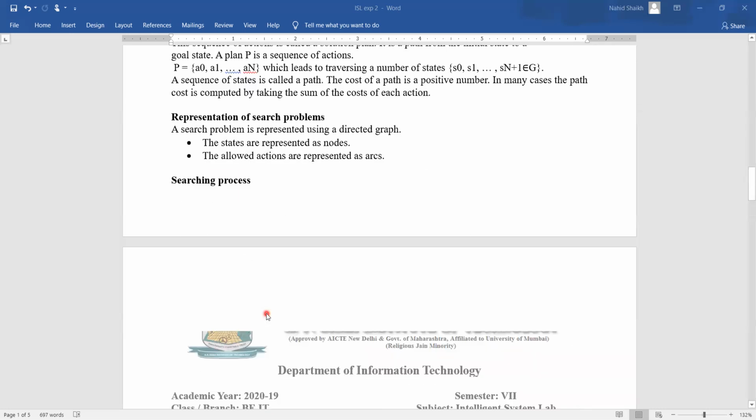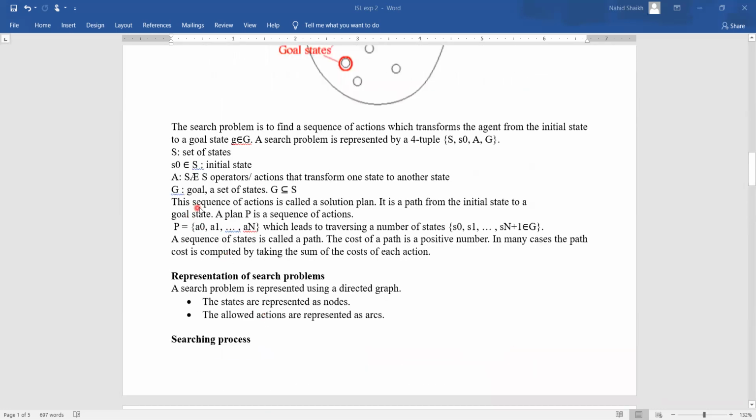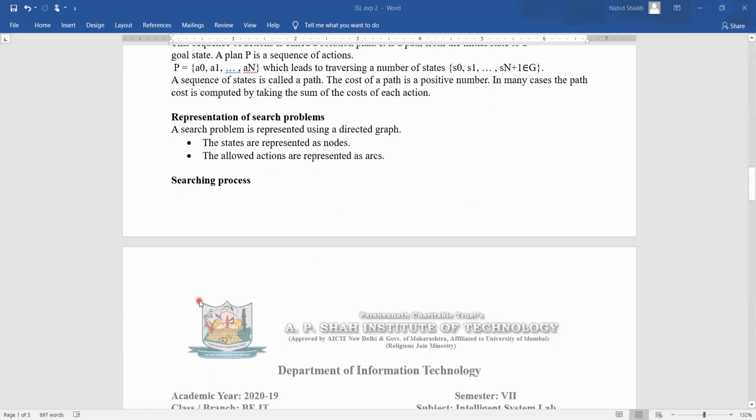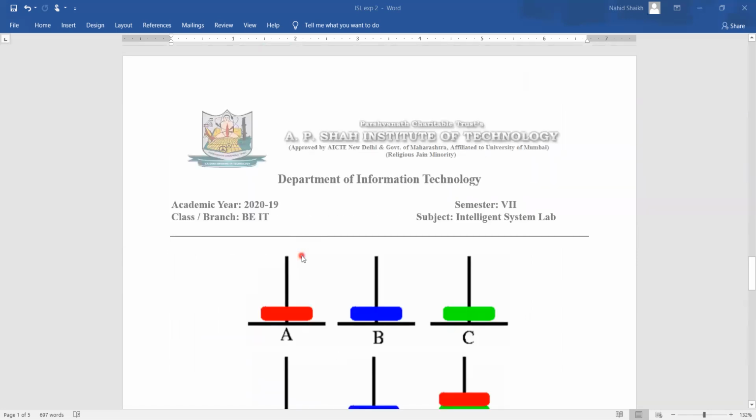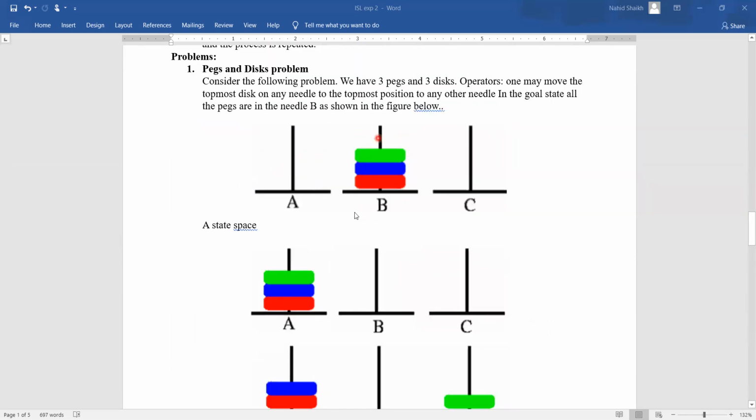Now what do I need to define? I need to define the operator, or you can say action, which can be performed on any particular state, and through which I can generate the successor state. So, okay, this is my initial state. What operations can I perform?